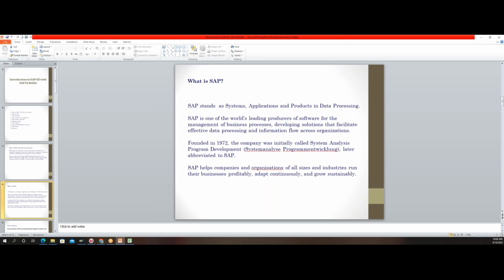So SAP stands for systems, applications, and products used in the process of data processing. SAP is one of the world's leading producers of software for management of business processes, developing solutions that facilitate effective data processing and information flow across organizations.